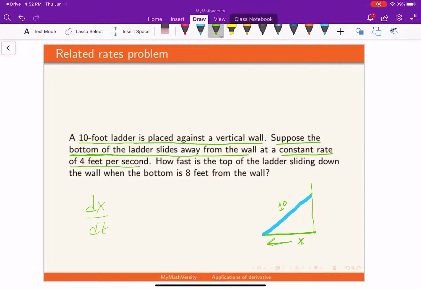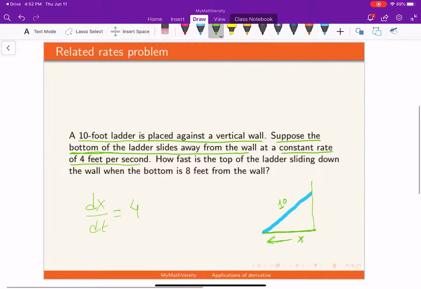So the derivative of x with respect to t will be 4 feet per second. This is the information we can extract from that second sentence.